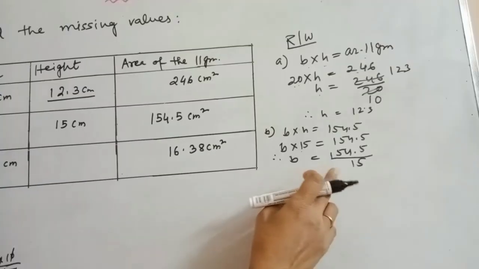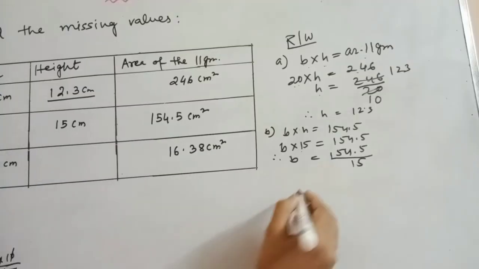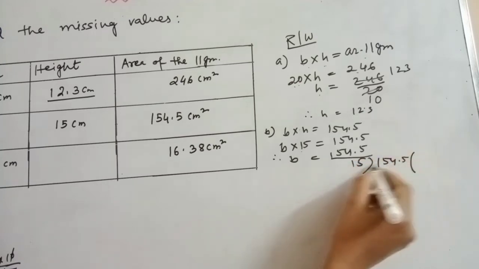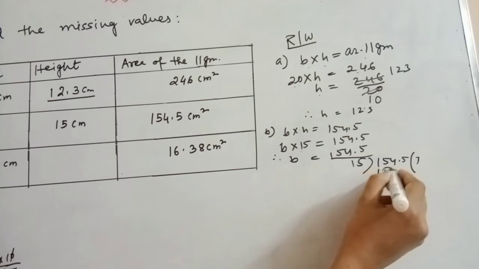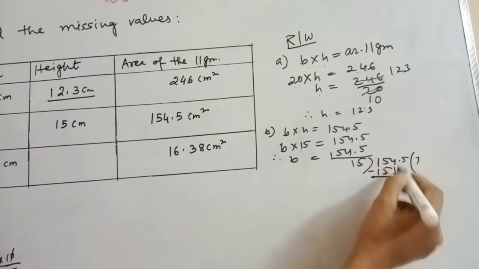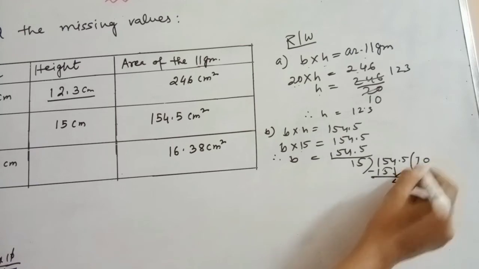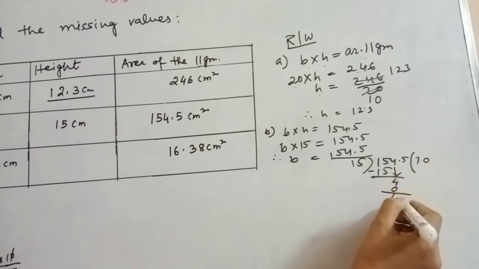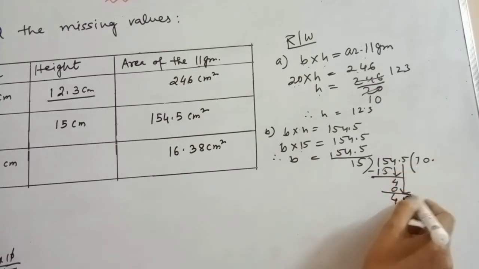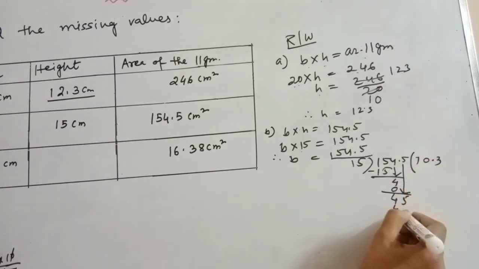Now if you divide it by 15, what will you get here? 154.5. 15 ones are 15. 4 is here. Now you can't divide 4, so 15 zeros are 0, 4, then you will take the point here and 5 will come down. 10.3, 45.